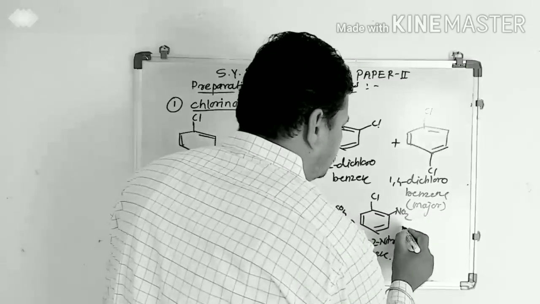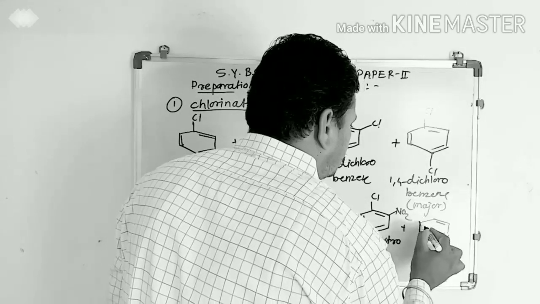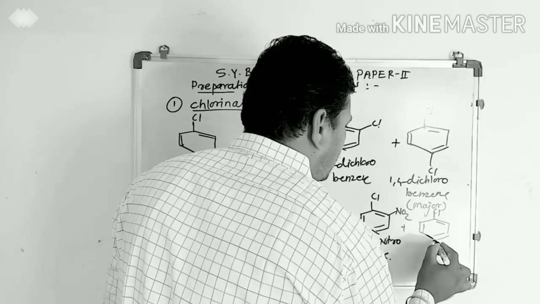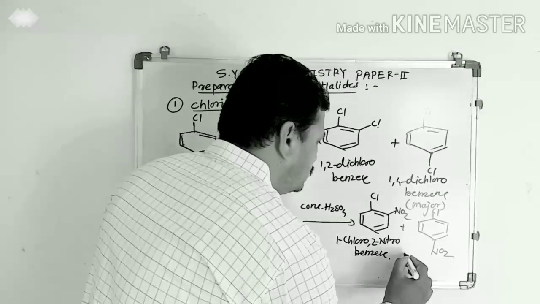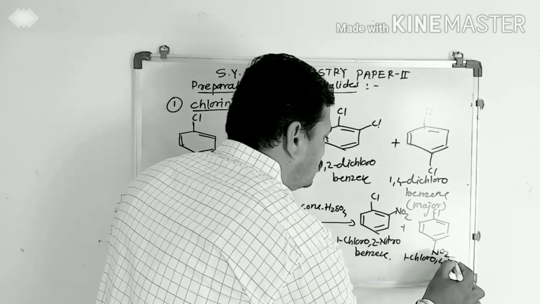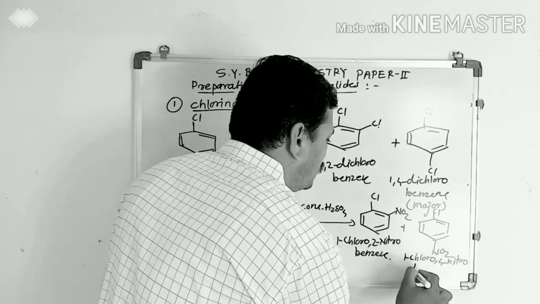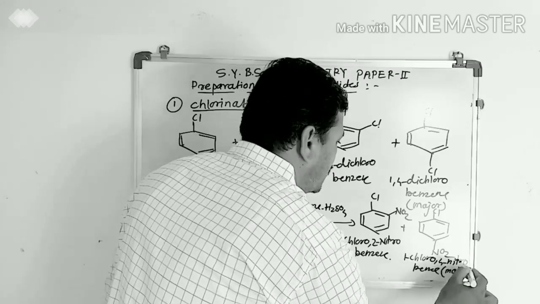In the second, the NO2 group is attached to the para position. It is 1-chloro-4-nitrobenzene and it is the major product.